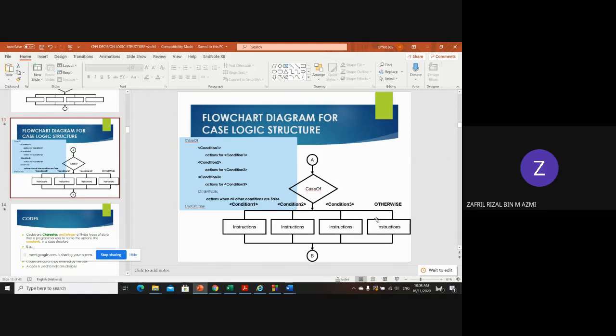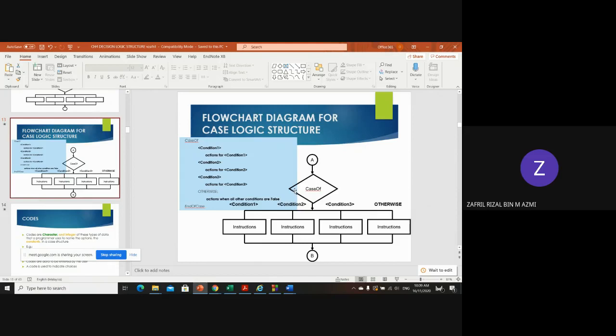This is the general structure of case logic. So this is very different from if-else if, whereby the number of diamond symbols is based on how many conditions there are.